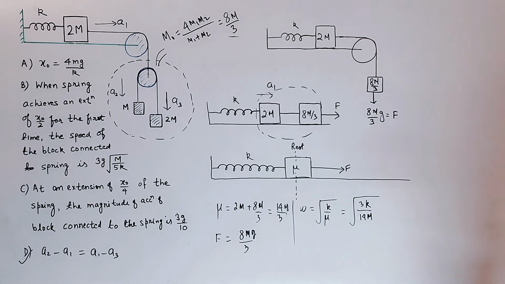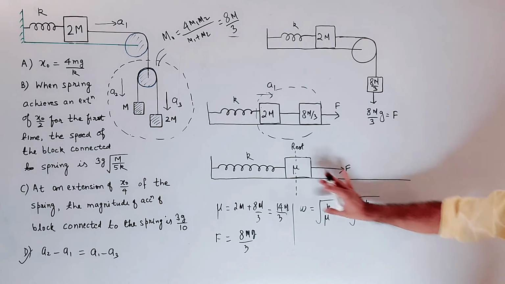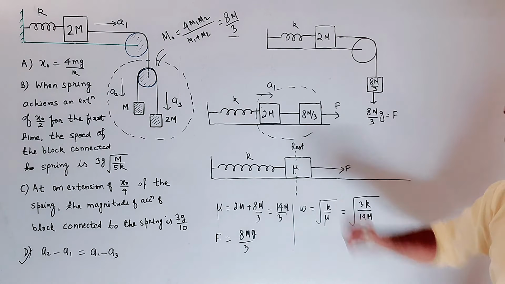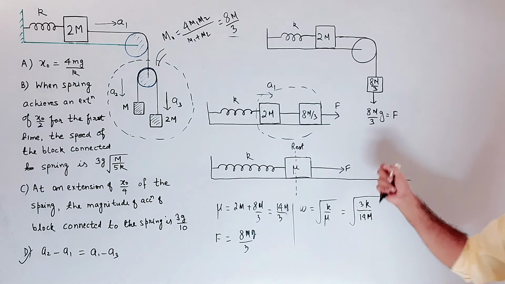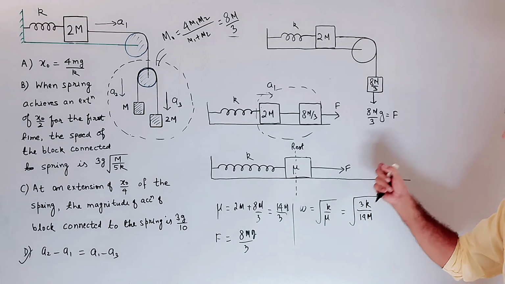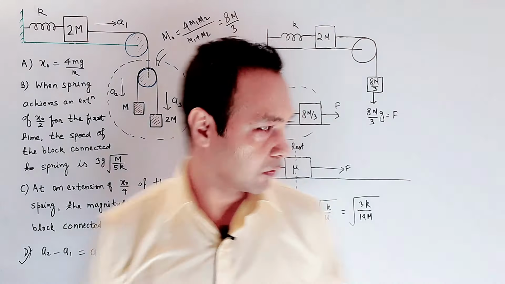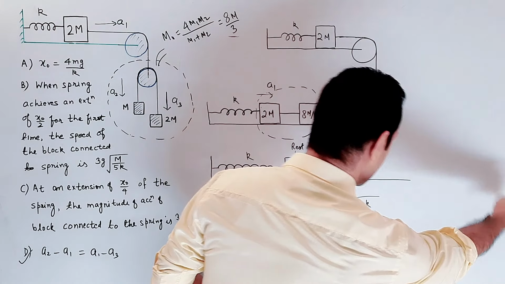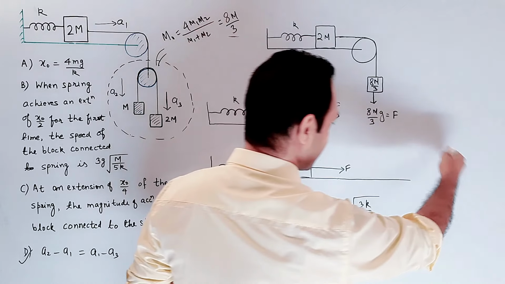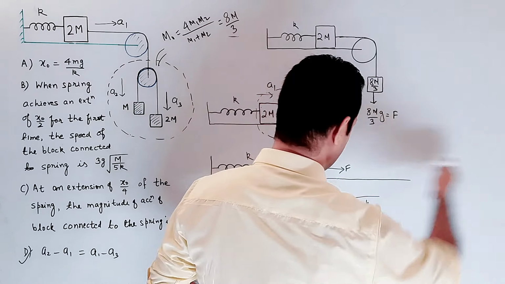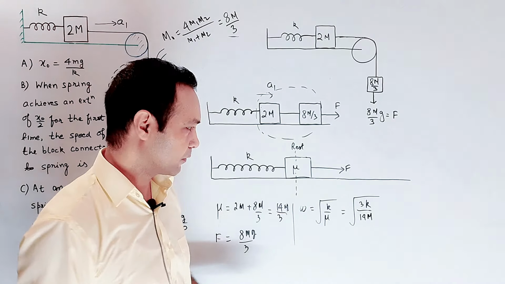And now the elongation. If we look at the motion of this block, this is at rest, so this is basically the extreme position, and then it will reach the mean position, and at the mean position it will have the maximum velocity. Then it will go to that side of the mean position, reach the other extreme point, momentarily come to rest, then keep on moving like that. So it will reach a certain extension many times.